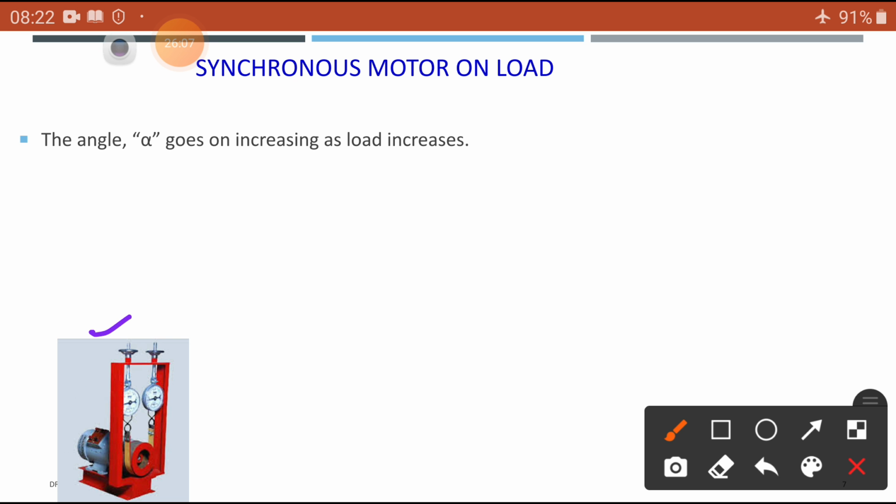Suddenly high load, no load, high load, no load. During this period, when the high load is on the motor, obviously it draws more current, more torque, and the rotor will overshoot. When there is no load, it undershoots, overshoot, undershoot. During this period, we are going to adopt our preventive methods.